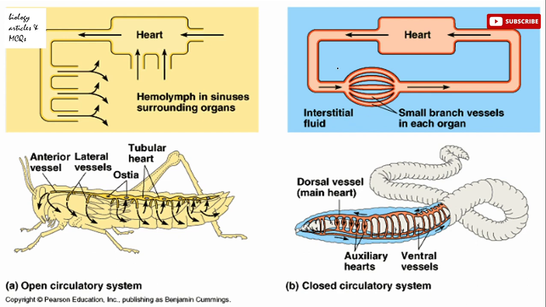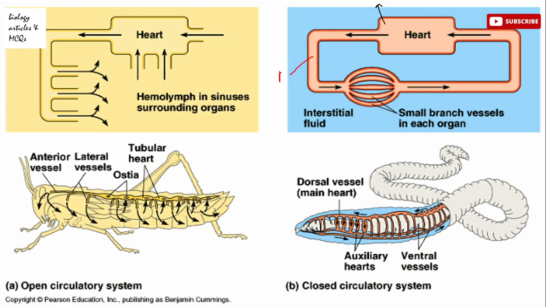Here you can see that there is a heart shown, and there are small channels of vessels present. First of all, these are the vessels that are moving the blood away from the heart. And you know that the blood vessels that move blood away from the heart are called arteries.